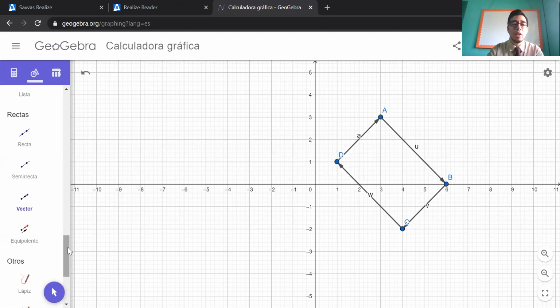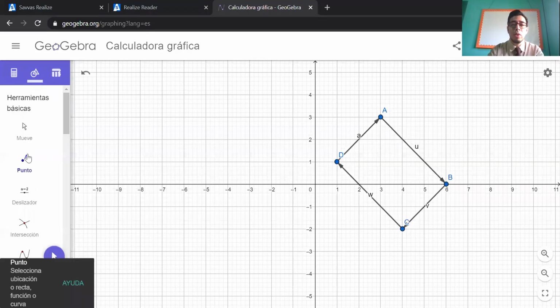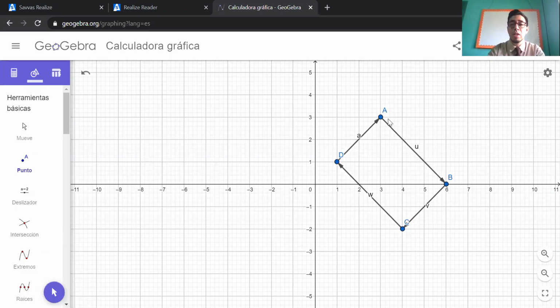So guys, even if I don't know the points that I need to place, I only project it to the other side. Where is A going to be located on the other side? If it's 3 and 3, it will be negative 3 for X and positive 3 for Y, because it's going to be at the same distance, only on the other side. And when you close it, it needs to fit.